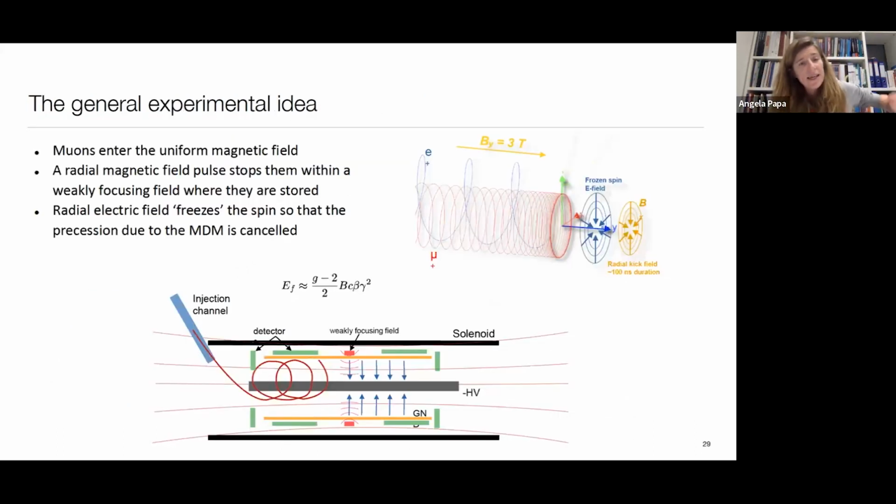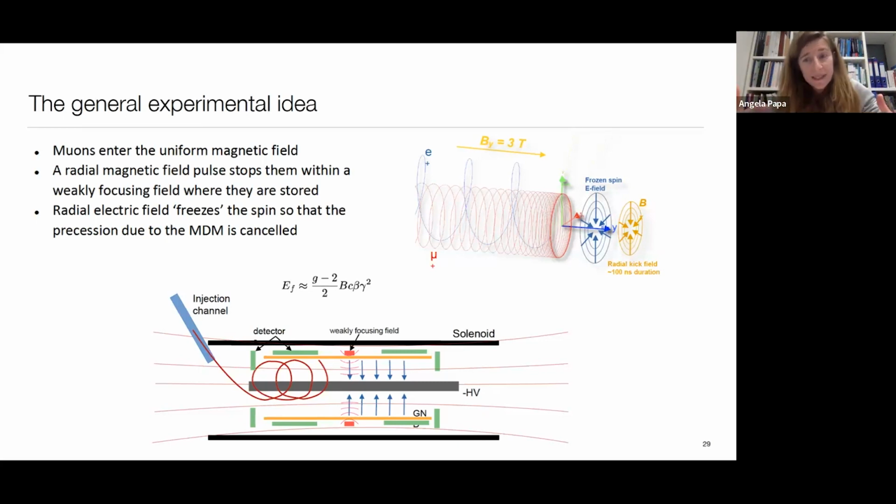The idea is that we are going to inject muons in a uniform magnetic field. But if we don't do anything, the muons enter and go through this magnetic field, so we want to stop them in a sort of magic zone. In order to do so, we are going to have a weakly focusing field, associated to a kicker for when the muon is entering the region.